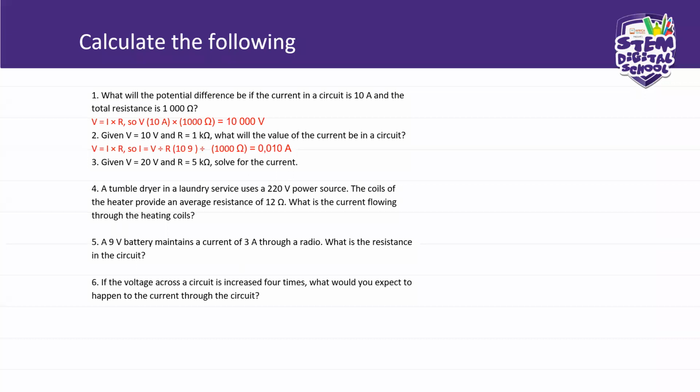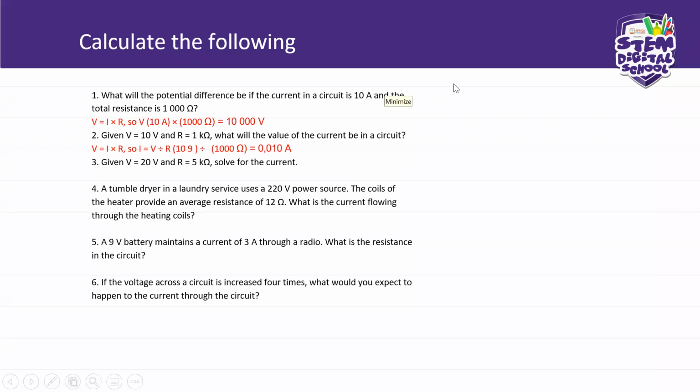Quickly calculate. What is your answer? Let's see. What is your answer? Yes. 0.02.